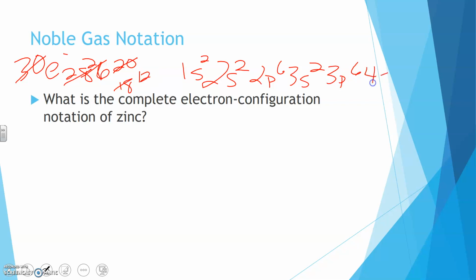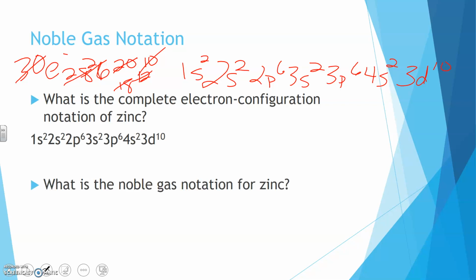Then 4s2, down to 10. And then you have your 3d, and all 10 electrons go in there, and then you're out of electrons. If you add up all of your exponents, they will add up to 30. It's a way to double check that the total number of electrons in your electron configuration equals the atomic number of whatever atom you're doing.